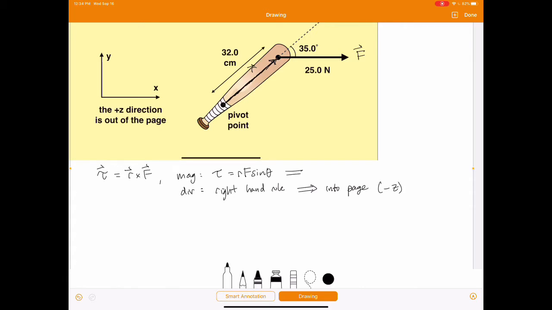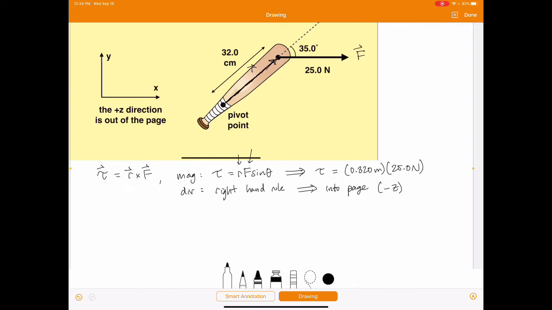So the magnitude, if we calculate that, so r, the magnitude of r shown here, represents the distance between the pivot point and the point where the force is applied. So that's 32 centimeters or 0.320 meters. F, that's the magnitude of the force, which is 25 newtons.